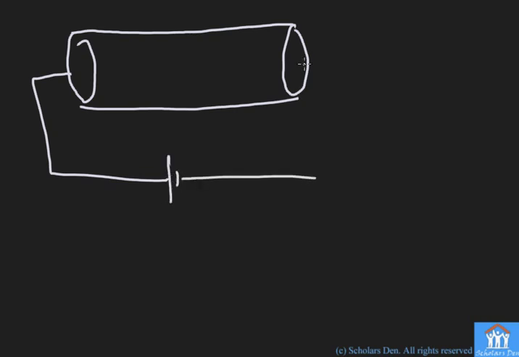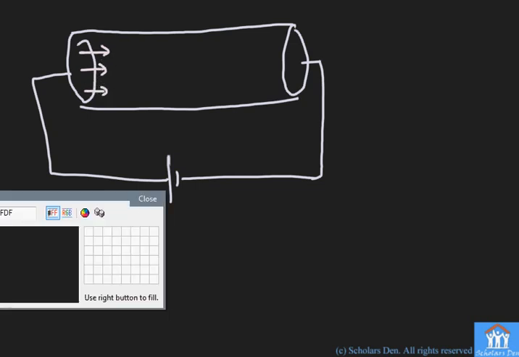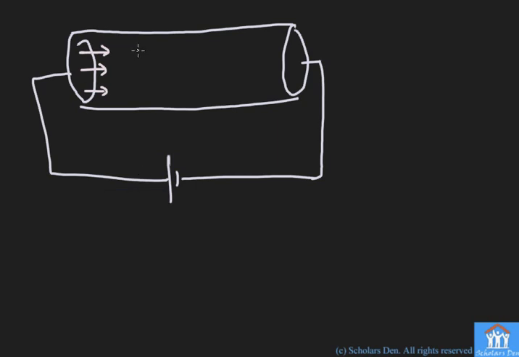You have applied the electric field, and these electrons become guided. The electrons start moving from here in this direction, then they move like this, and then they reach this end. So the main condition here is that acceleration is present.